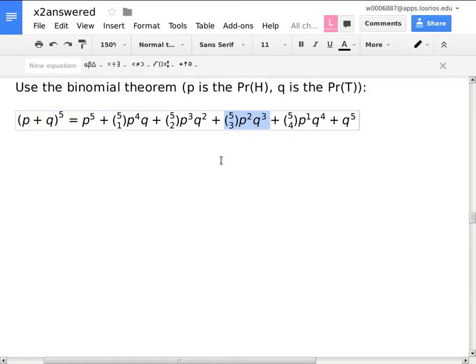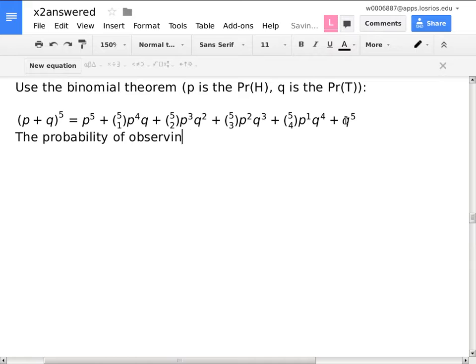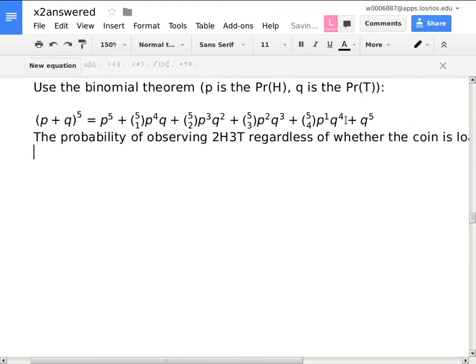That's the entire probability. So now we can say the probability of observing 2 heads, 3 tails, regardless of whether the coin is loaded, is the following.